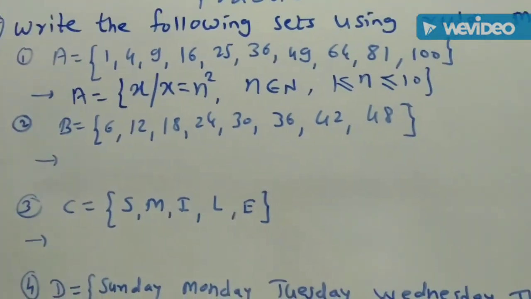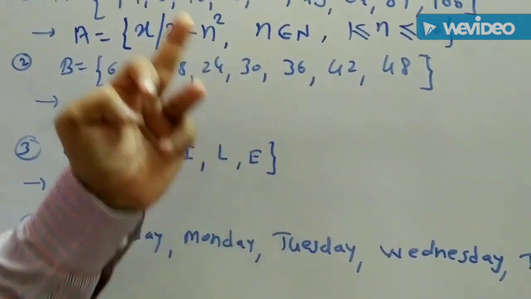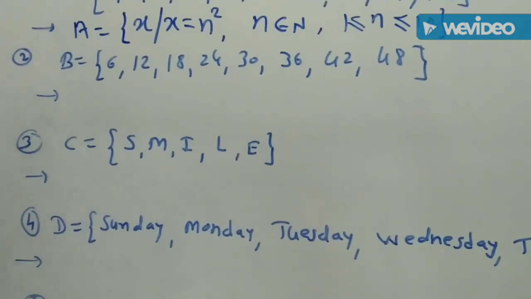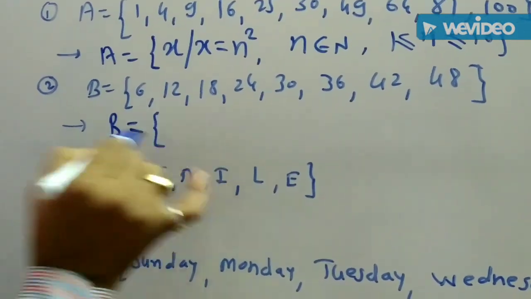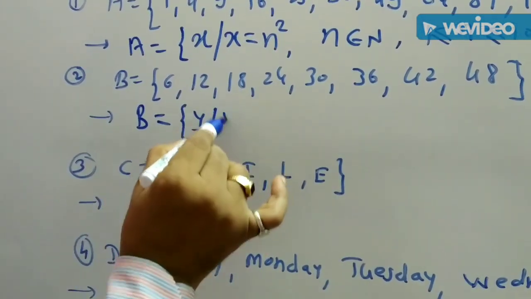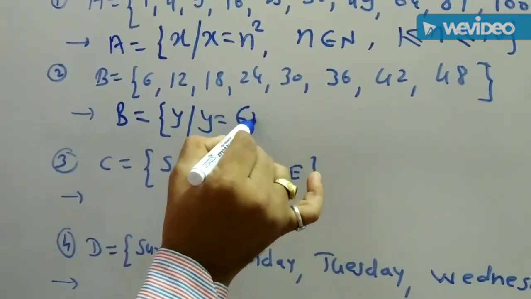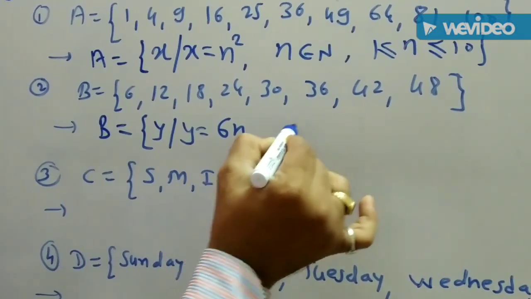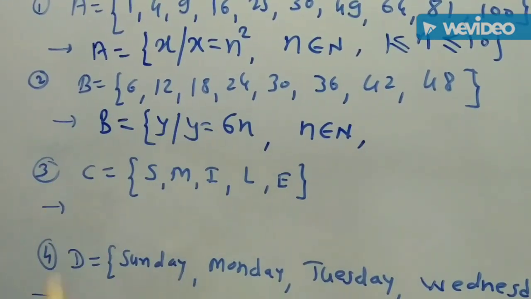Then second, B is equal to 6, 12, 18, 24, 30, 36, 42, 48. These are the multiples of 6, and therefore here we write B is the set of x such that x is equal to 6n, that is, we write here the property 6n. And what is n? n belongs to the natural numbers.